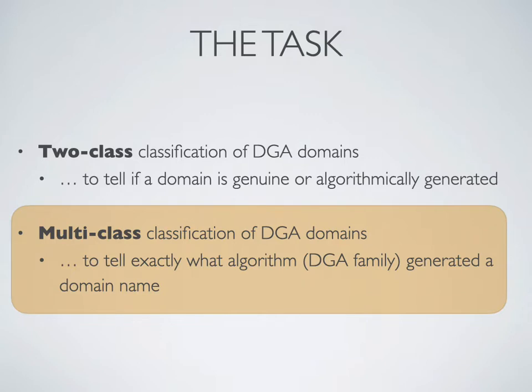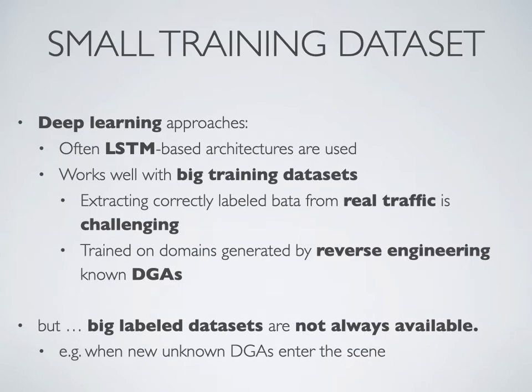We target this problem here, even if in our architecture we also perform a two-class classification, as we see later. According to recent literature, deep learning approaches are performing better than the other ones, and often recurrent neural network architectures like LSTM-based ones are employed, perhaps mixed with attention mechanisms or CNNs.